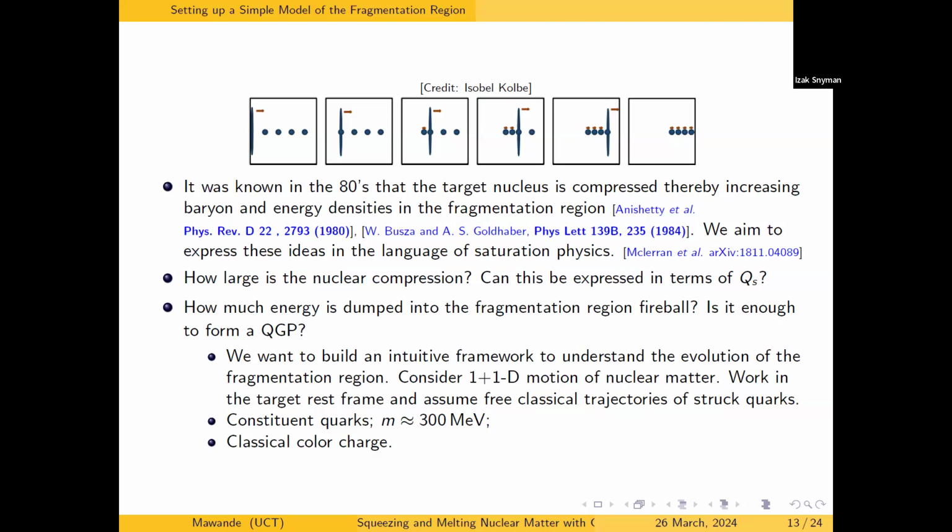We assume a constituent quark model for the nucleus that is addressed. The projectile nucleus then appears even more Lorentz contracted. If I look at this one-dimensional picture, a highly Lorentz contracted gluon field successively strikes constituent quarks.